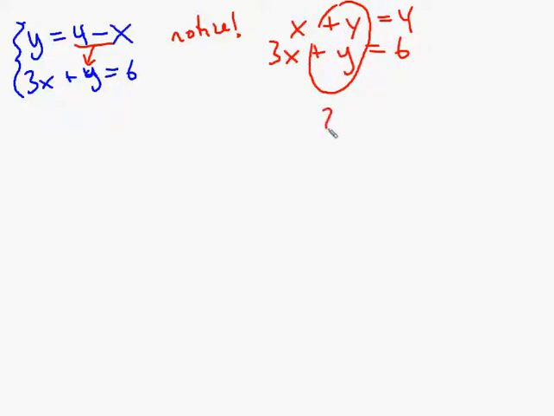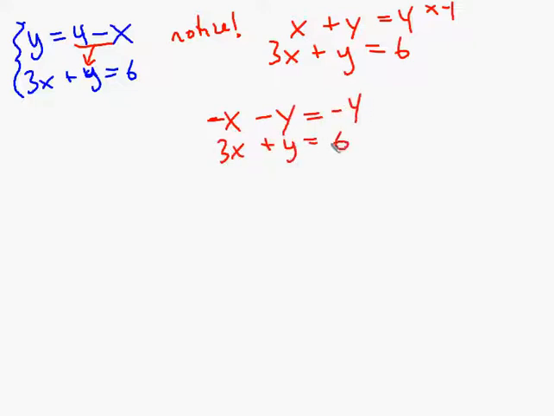So when I add them right now, I'll get 2y. I want them to actually cancel. So I'm going to multiply one of these equations by negative 1, and it makes no difference which one. I'll just multiply the top one by negative 1. So I get negative x minus y equals negative 4, and then I have 3x plus y equals 6.